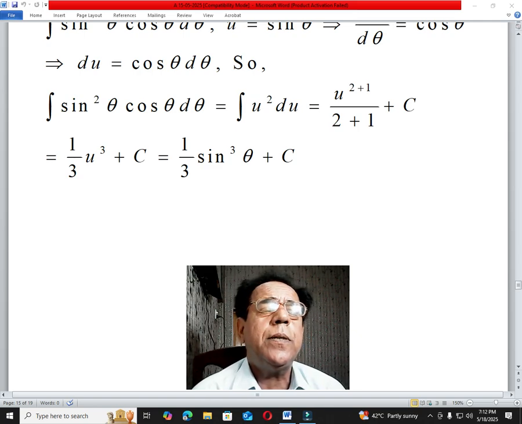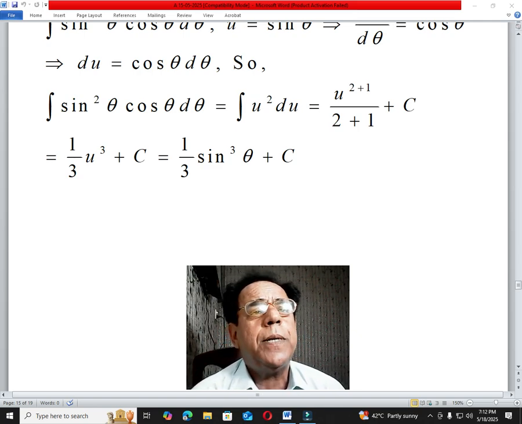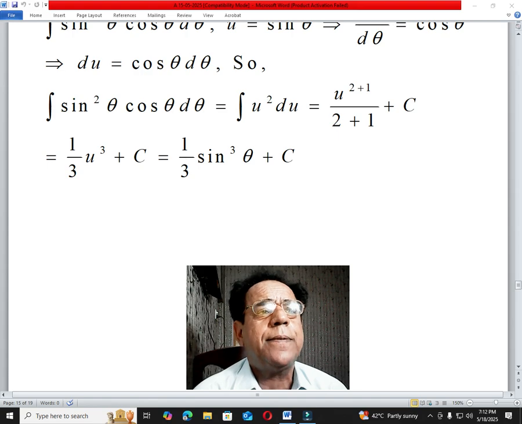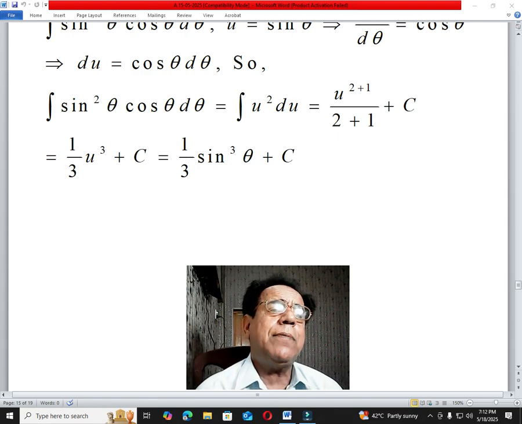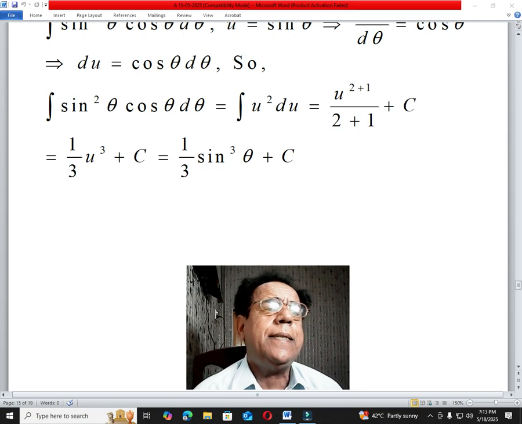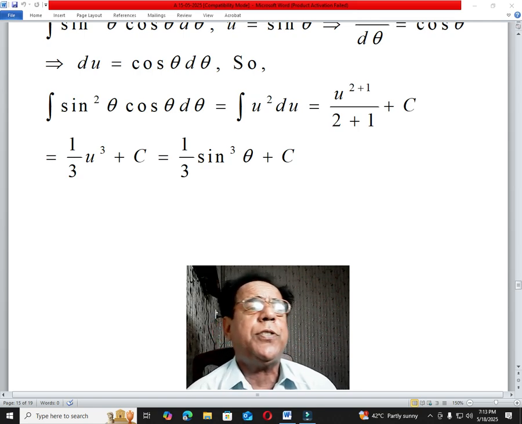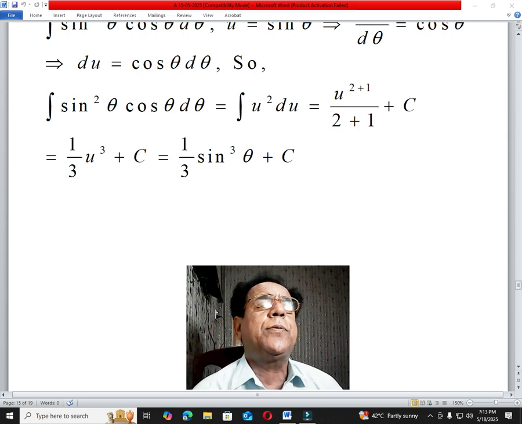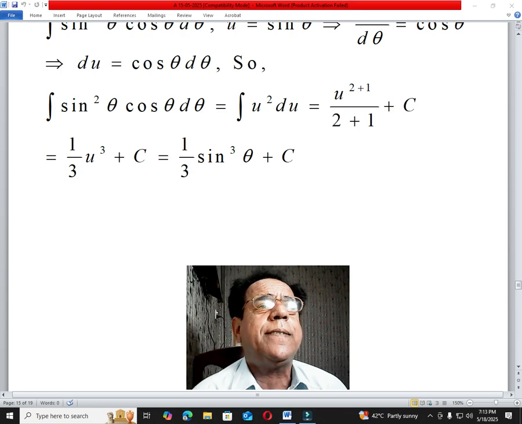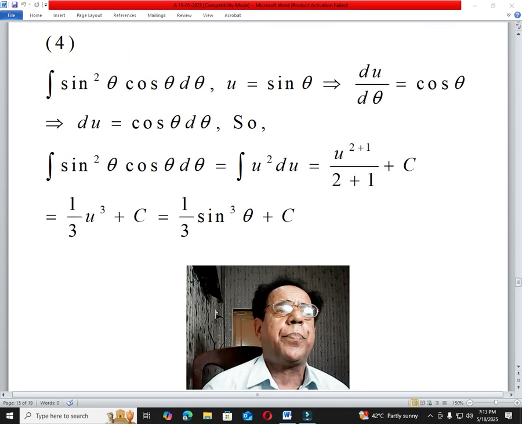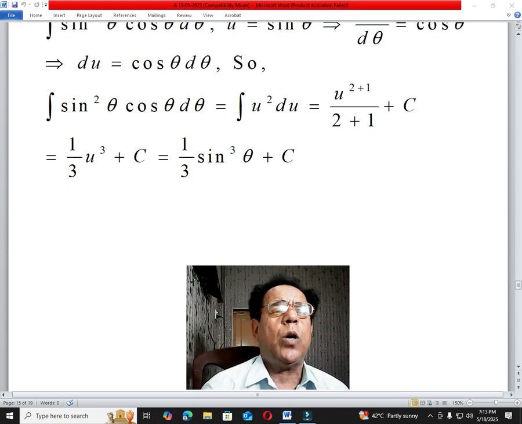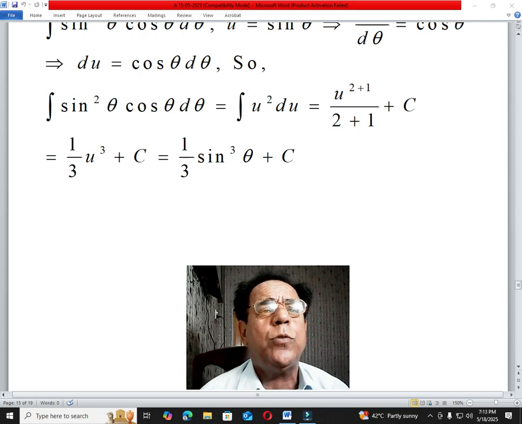So it will be equal to 1 by 3 u raised to power 3 plus c. To this extent our problem is solved, but the only step remaining is that we will re-substitute u by its original value, that is to say sine theta. Okay, so our answer has become 1 by 3 sine cube theta plus c.